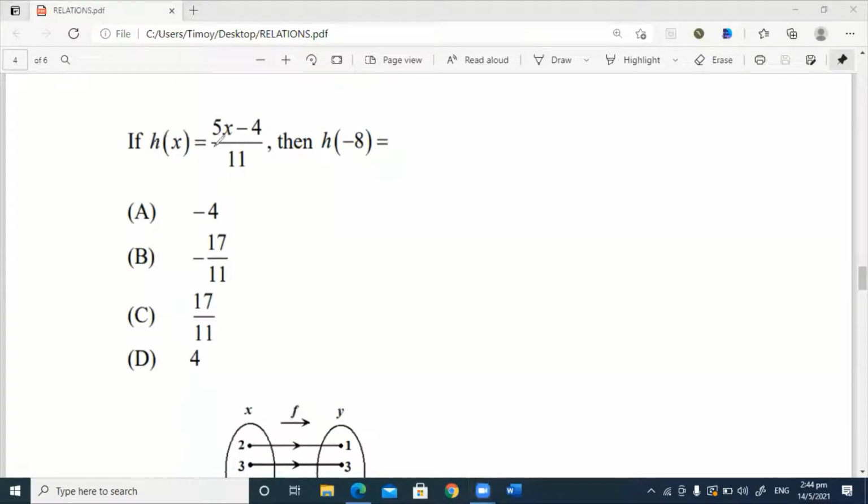If h of x equals 5x minus 4, all divided by 11, then h of negative 8 is... All this is saying is, where you see x, replace it with negative 8 and simplify. So we can say that h of negative 8 is going to equal 5 times x. But what is x? X is negative 8 here. So it's 5 times negative 8 minus 4, all of that divided by 11.